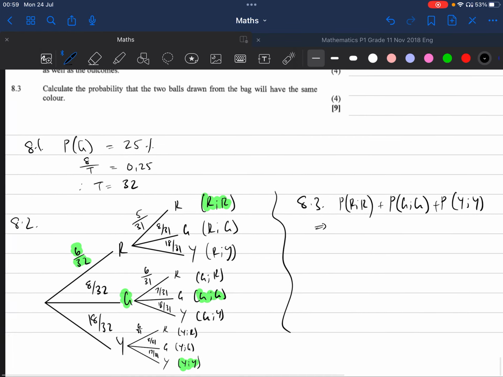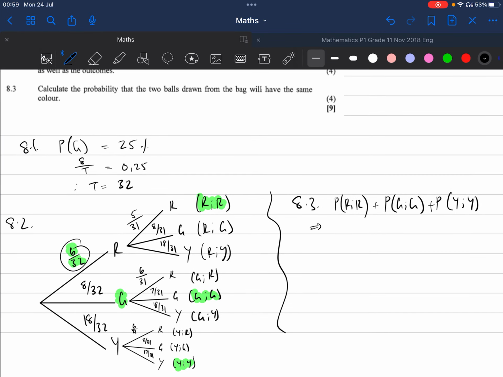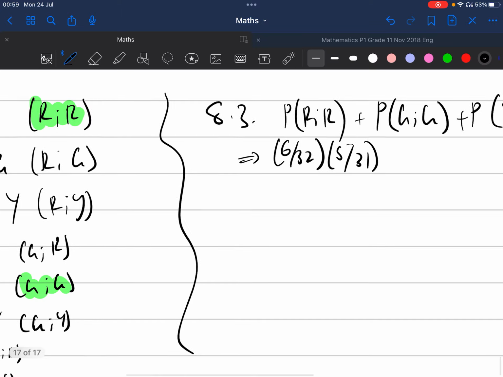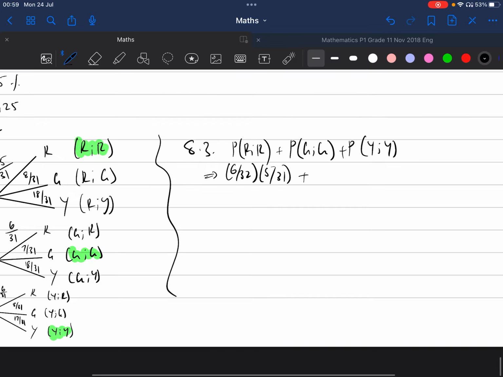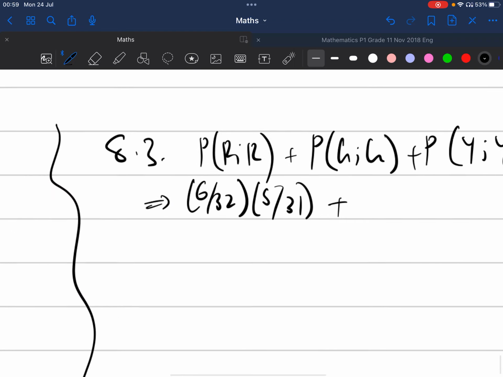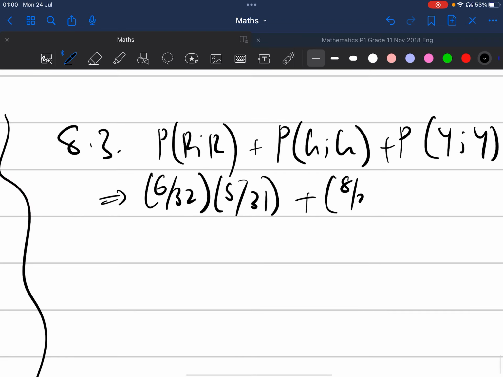So the probability of red and red, let's see, 6 over 32 times 5 over 31. Okay, so 6 over 32 times 5 over 31 plus the probability of green is now 8 over 32 times 7 over 31.